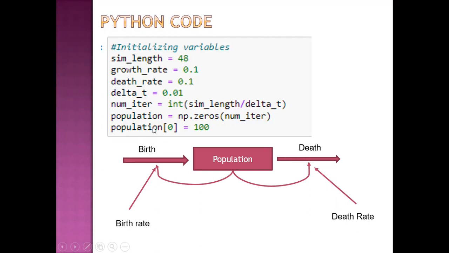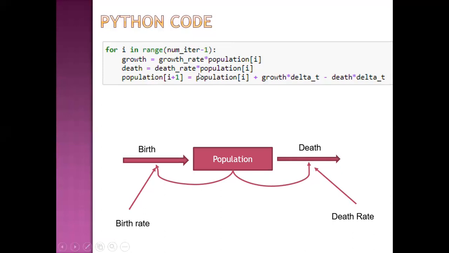So both the rates are the same, and the time step we take as 0.01. The number of iterations is calculated as the simulation length divided by the time interval, and the population is an array, and then we set the initial population as 100.